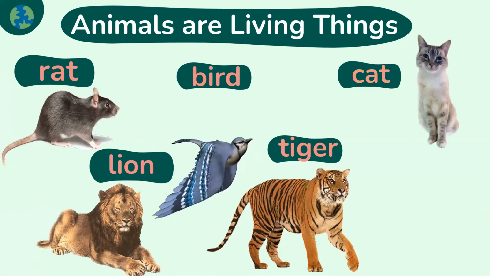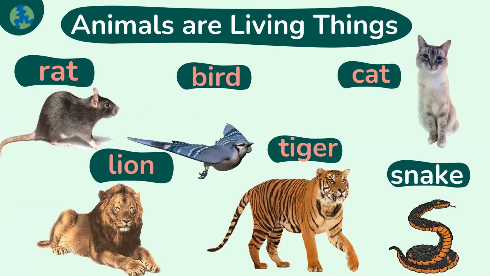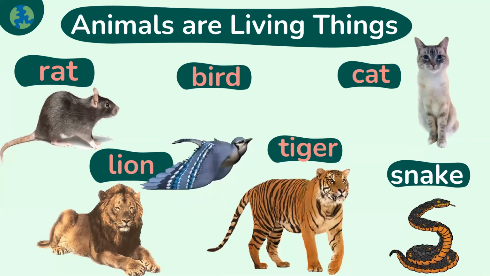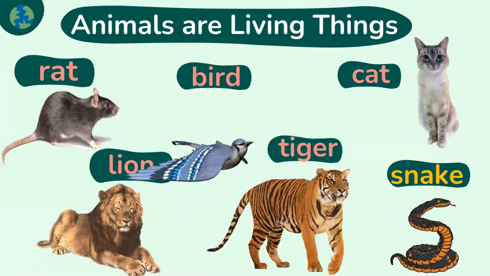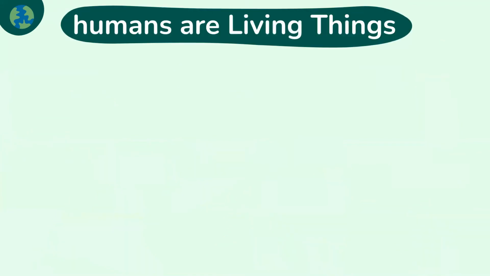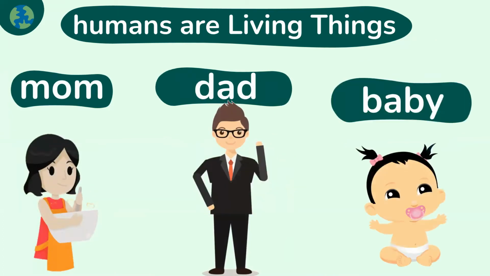And of course, we have snake. Let's spell the word snake. S-N-A-K-E. Snake. Humans are living things too, just like mom, dad, and baby. Okay, so we are considered humans and we are living things.